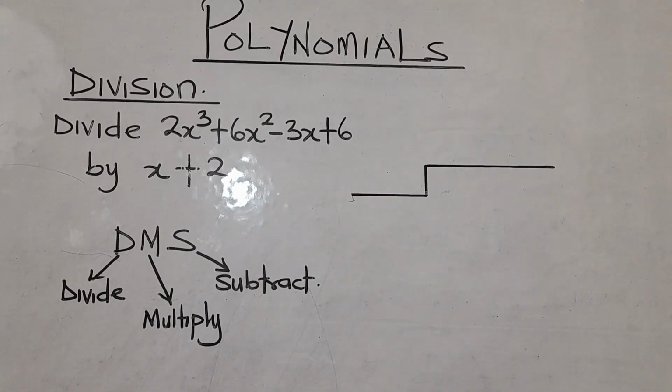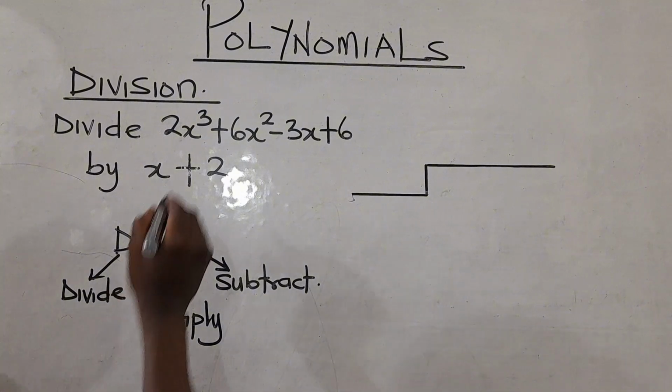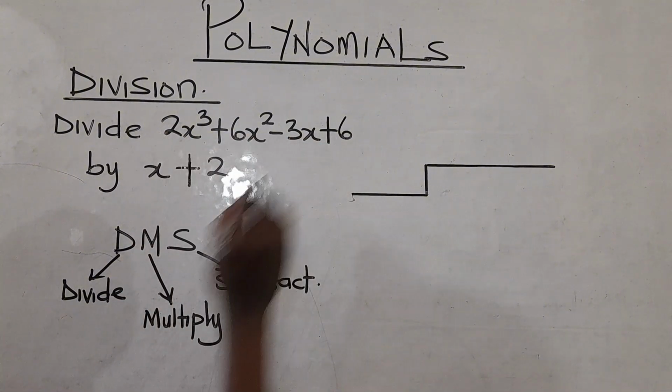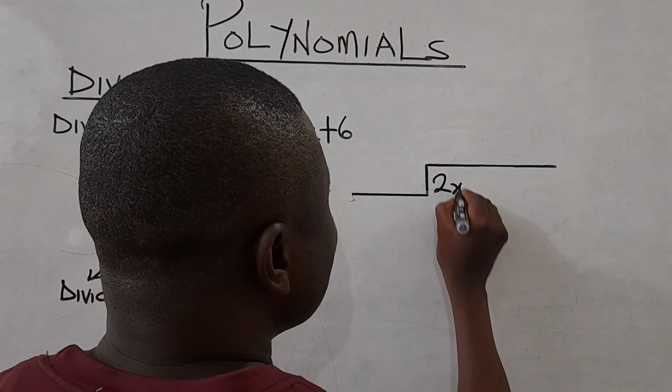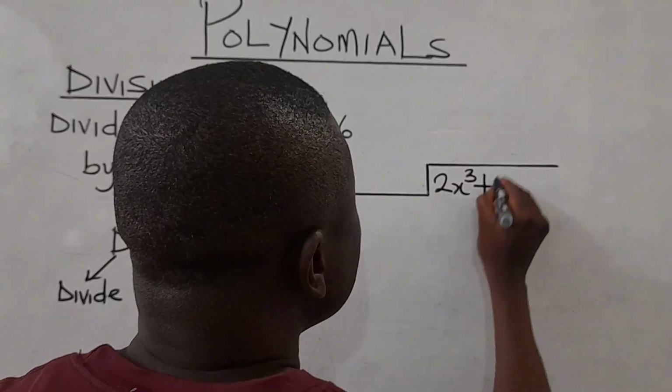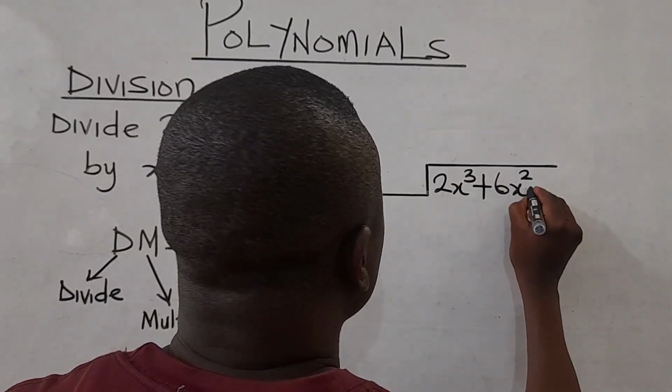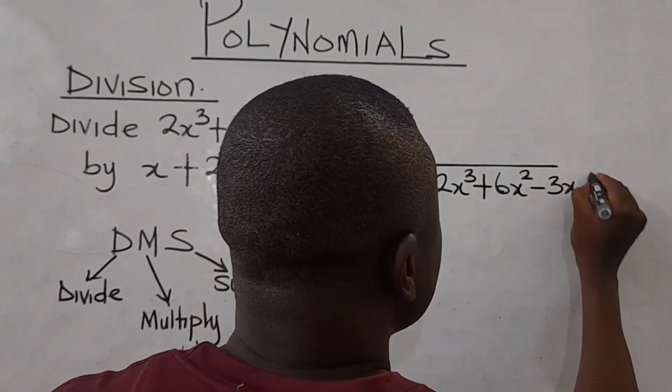What you have inside here is our dividend, which is 2x cubed plus 6x squared minus 3x plus 6.